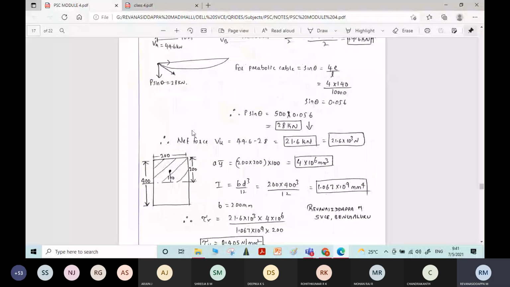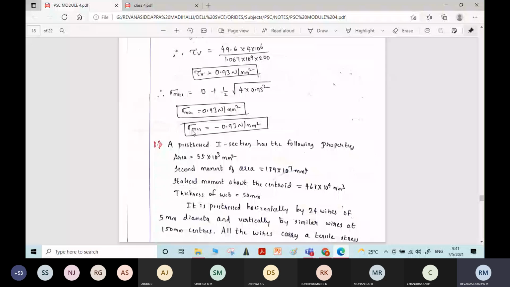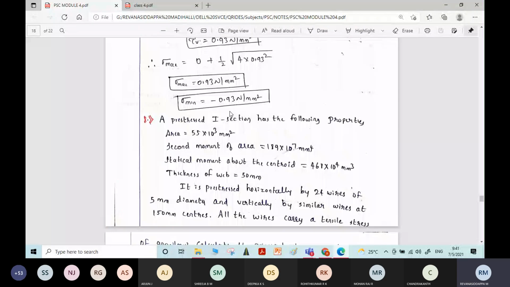Write it. Write the next problem. It is a problem on I section. Write the next problem.